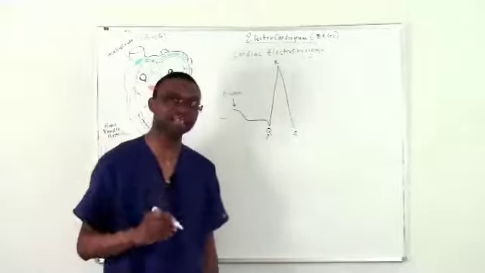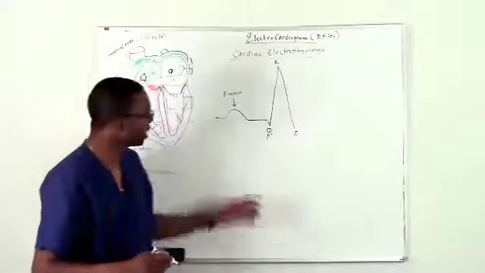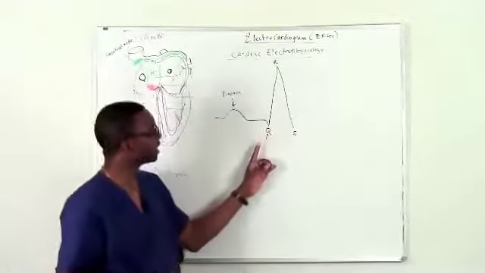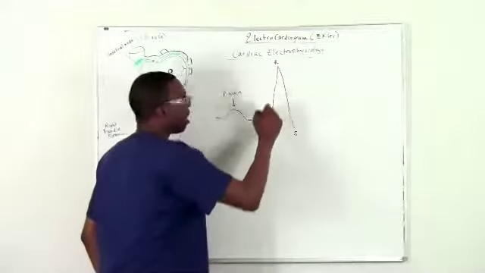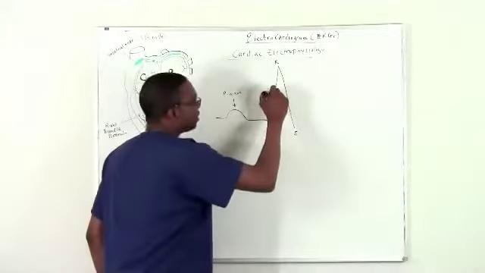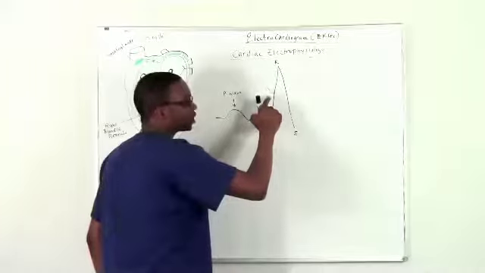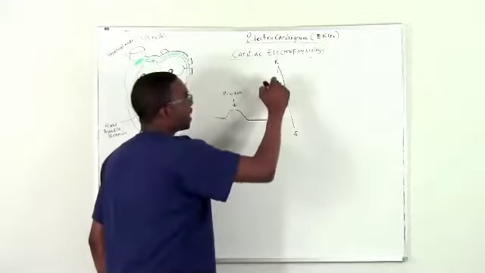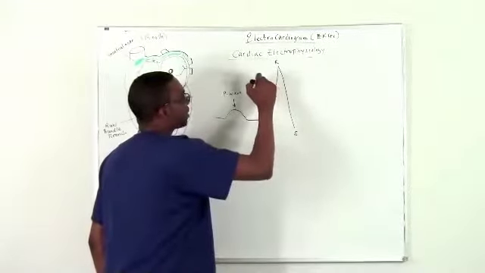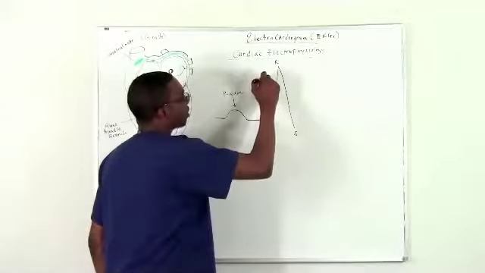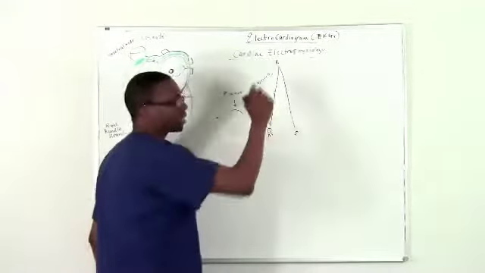That is the first negative deflection. Right after a Q wave is an R wave. The R wave is this line right here. Just this line. That's just your R wave. The R wave is the first upward or positive deflection after the Q wave.